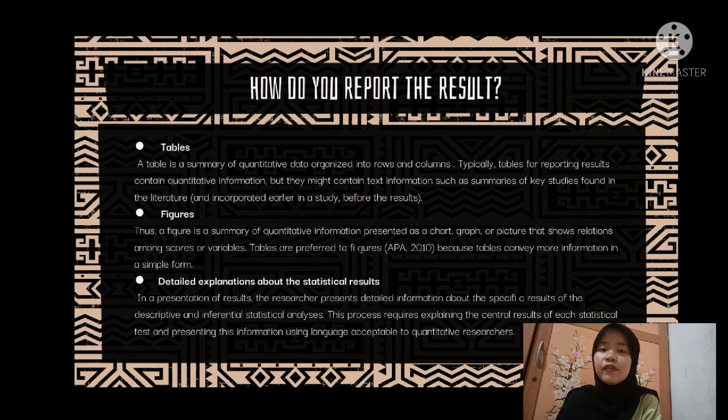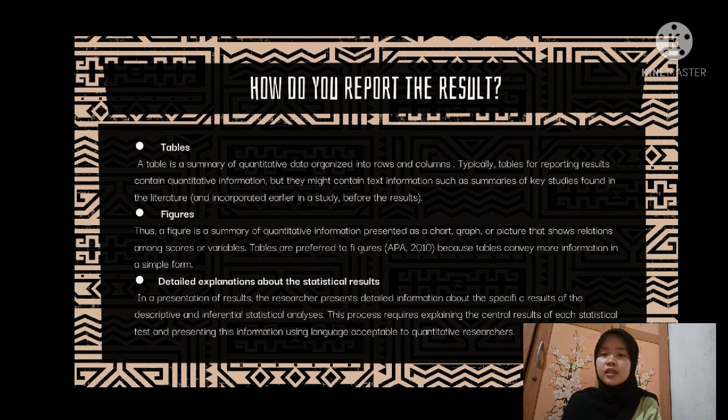Next, figures. A figure is a summary of quantitative information presented as a chart, graph, or picture that shows relations among scores or variables.